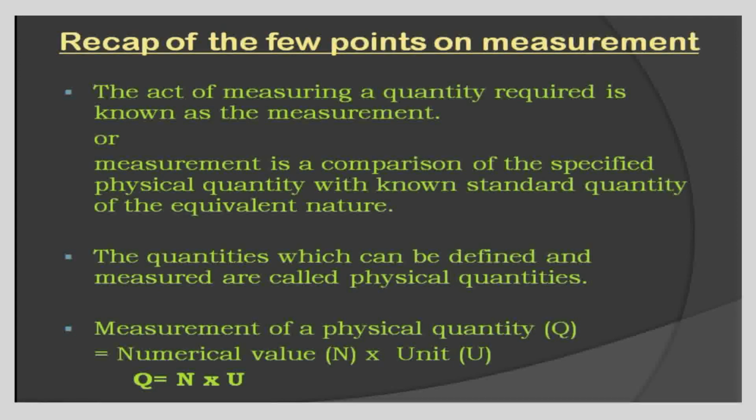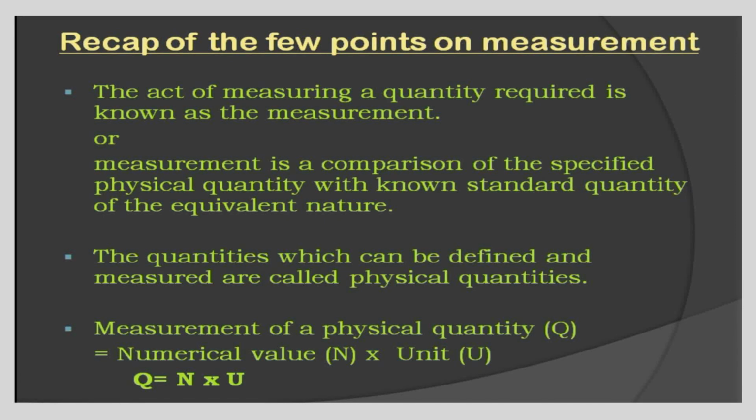This is how you measure a physical quantity, where the numerical value is the number or magnitude and u is the unit. We already quoted the example of 5 kilogram mangoes. 5 is the numerical value, kg is the unit. I hope you understood all these points.